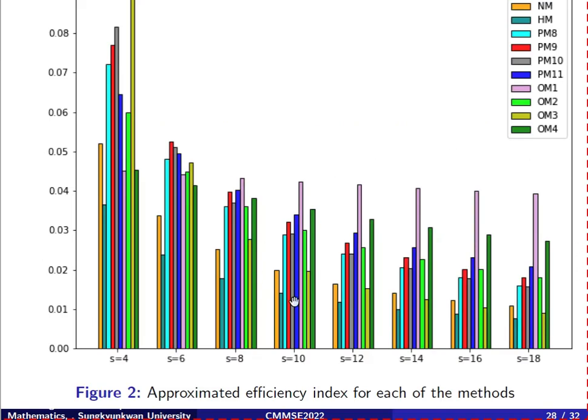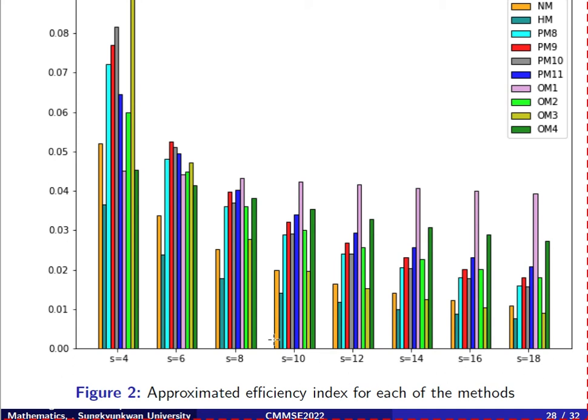The horizontal axis is for values of S, and the vertical axis is for the approximate efficiency index. You can see that our methods OM1 and OM4 are higher than the other methods, particularly for large values of S.